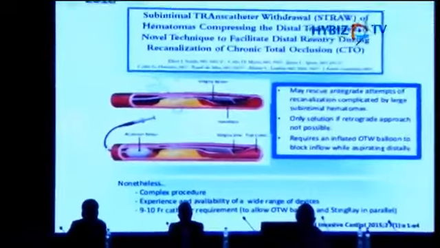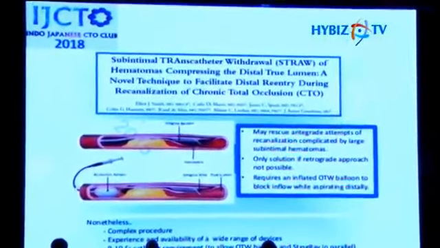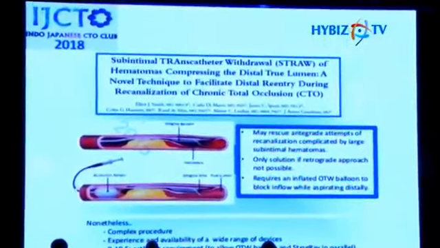So what they did was use an over-the-wire balloon, inflated before the CTO, before the dissected segment, at 1:1 to the vessel diameter, and started aspirating the blood which had accumulated in the subintimal space. This helped them manage this case of subintimal hematoma successfully. So they describe it as subintimal transcatheter withdrawal of the hematoma.